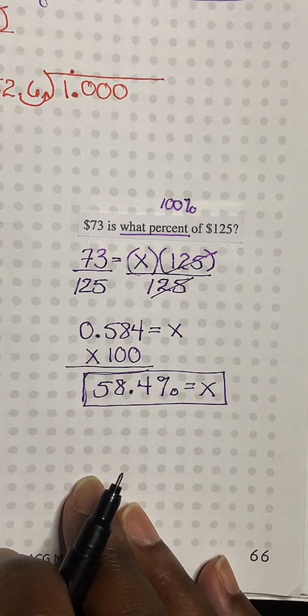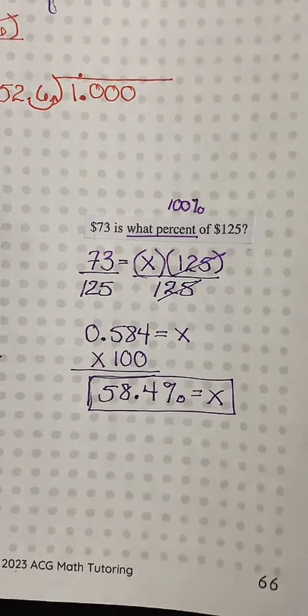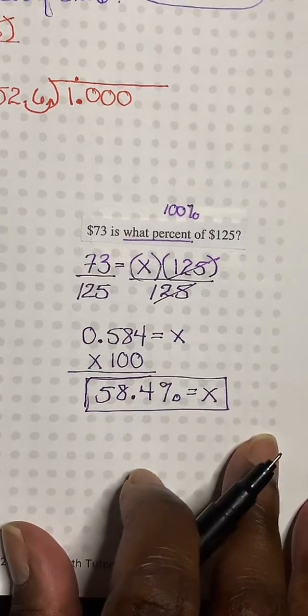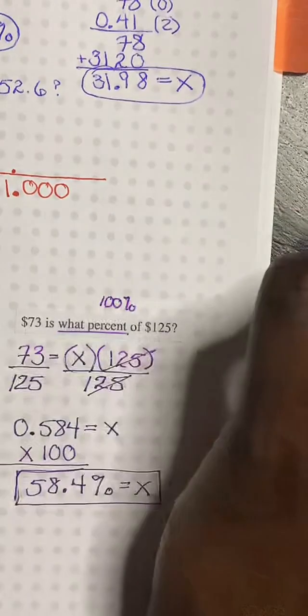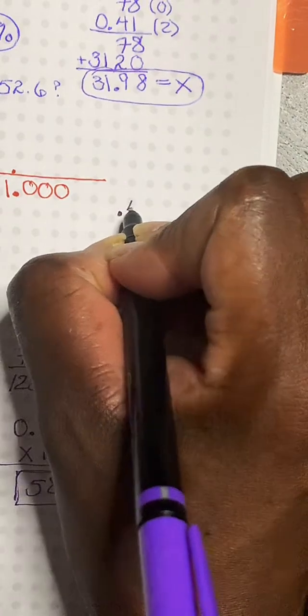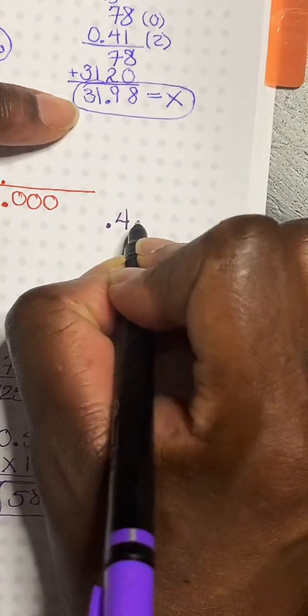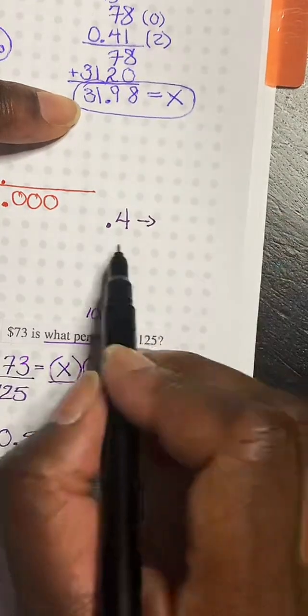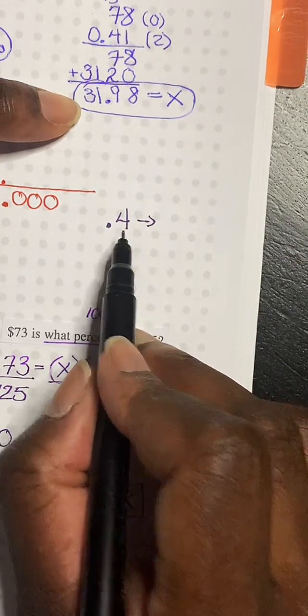Of course, I can do one more problem similar to this. There was one person that had a question about how to, I'm going to put it up here. All right, so say that I have 0.4 and how to turn that into a fraction. Now, 0.4 is the same as 4/10.